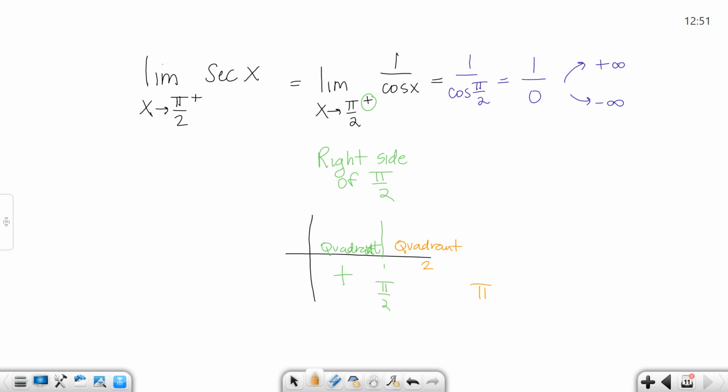I know in quadrant 2, the cosine is negative. So that means as I approach pi over 2 from this particular direction, my answer is going to be negative. So that lets me know that I'm going to negative infinity.